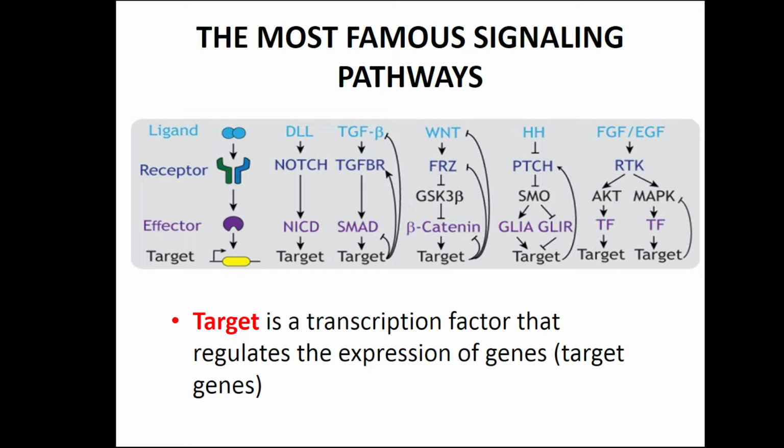On this slide, you can also see the special positions which we discussed previously. It is ligand, receptor, effector or proteins which are included in the signaling pathway, and target. The target may be transcription factors which will sit on DNA, and activate or inhibit gene transcription.